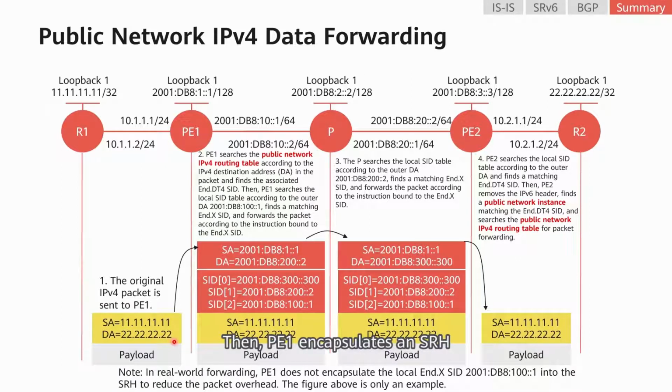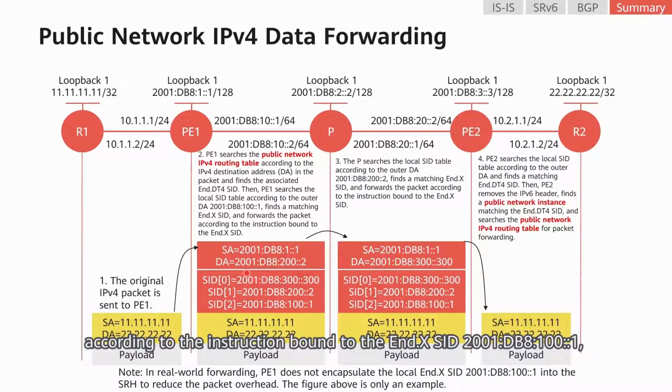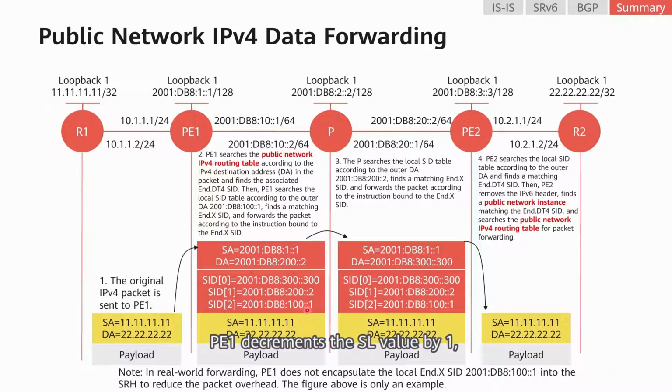Then P1 encapsulates an SRH and the End.DT4 SID into the packet. In the forwarding phase, according to the instruction bound to the End.X SID, P1 decrements the SL value by 1, changes the destination address to this address, and then forwards the packet through the outbound interface bound to the End.X SID.